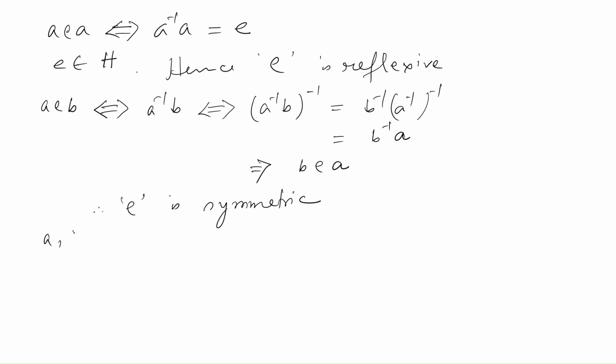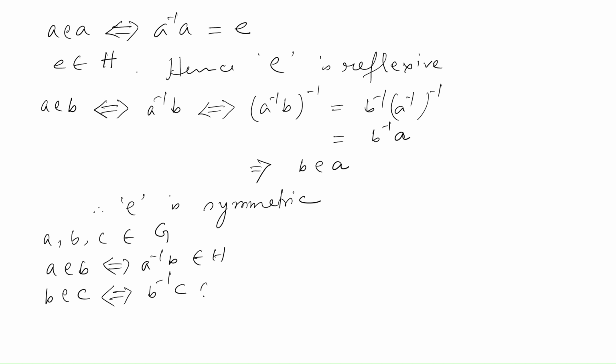Now let's take a, b, c belongs to G. Then a rho b implies a inverse b belongs to H. b rho c implies b inverse c belongs to H. Now let us multiply both of these, a inverse b, b inverse c.